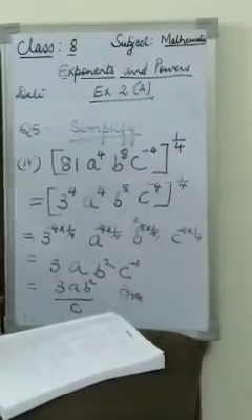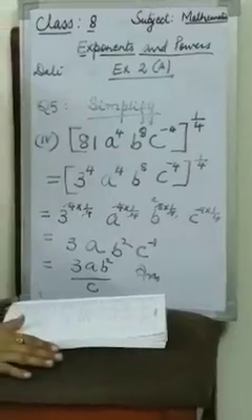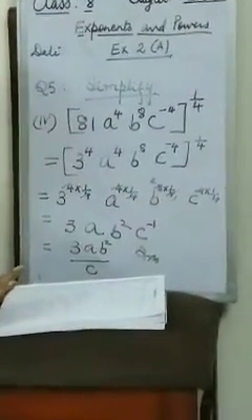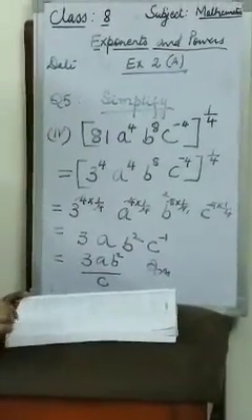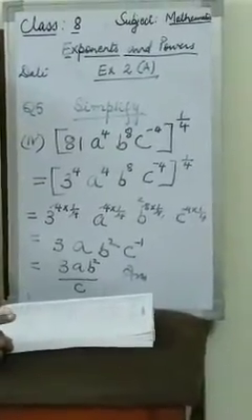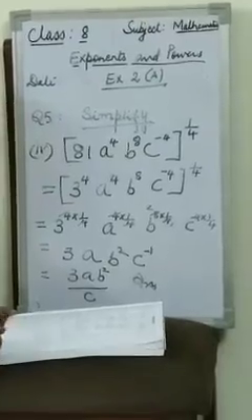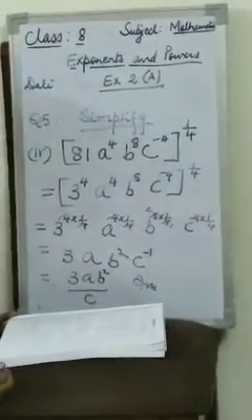So we have more questions in the same exercise. What your assignment for today is: exercise 2a, question number 1, 2, 3, 4 and 5 to be completed. I'll explain the last bit of question number 5, that is the 9th bit, tomorrow, but first you try it. If you aren't able to get it, then I'll help you with how to solve it.